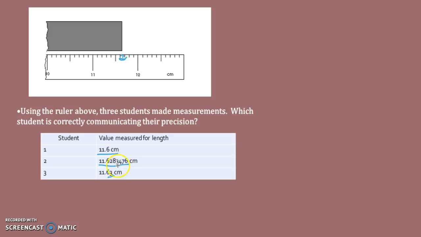So 1, 2, 3, 4, 5. That would be 100,000 other lines. They're saying there's 100,000 other lines that they could estimate between to get that 6. This is clearly an answer that's much more precise than what they were able to measure.